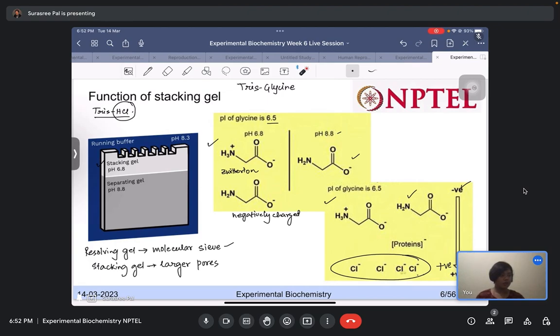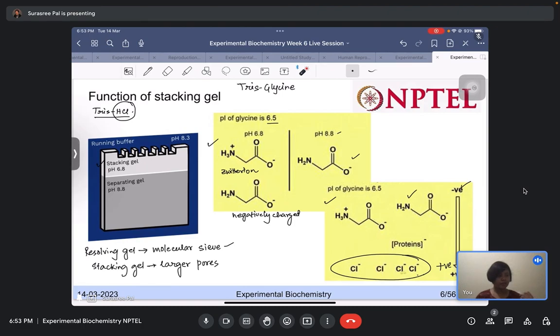So there is an increase in resistance because there are fewer ions, in this stacking gel portion. The resistance increases, and as resistance increases, the voltage also increases.